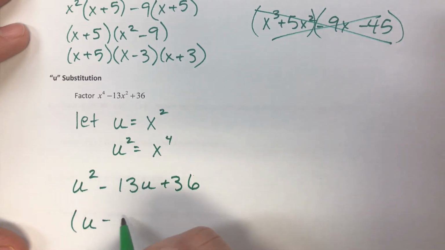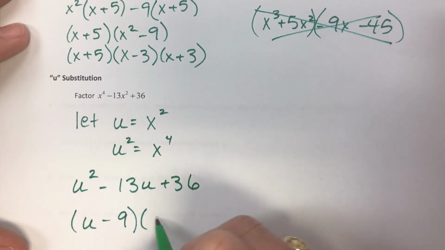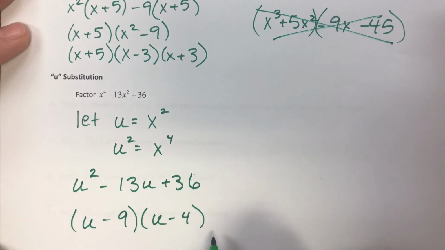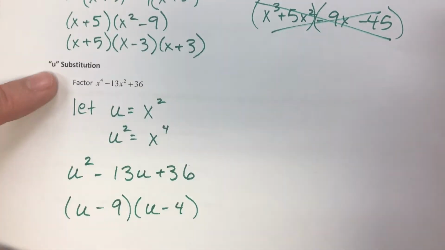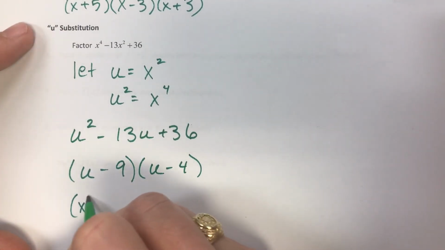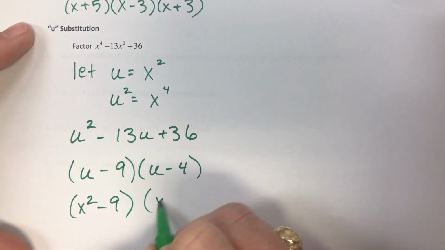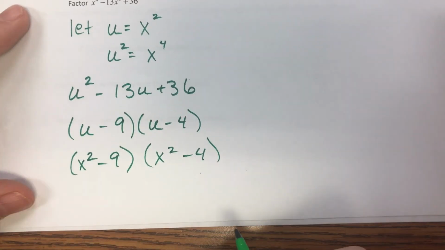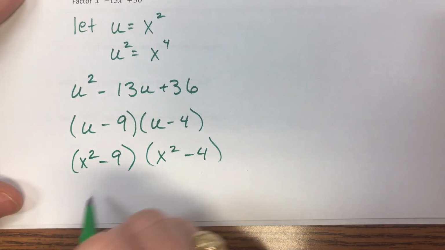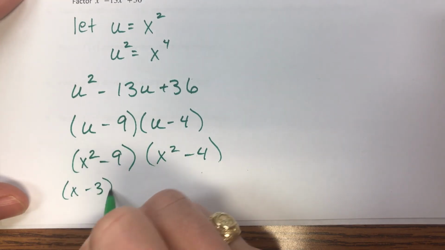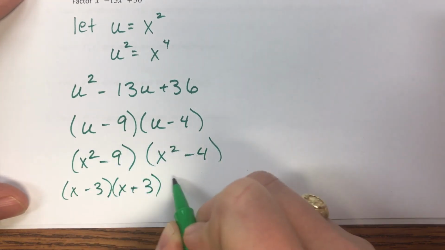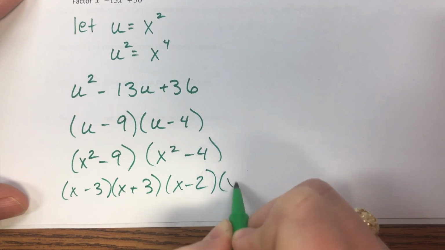And I can say u minus 9 times u minus 4. But I need it back in terms of x. So that becomes x squared minus 9 times x squared minus 4. I can factor each of those because those are the difference of squares. X minus 3 times x plus 3, and then x minus 2 times x plus 2.